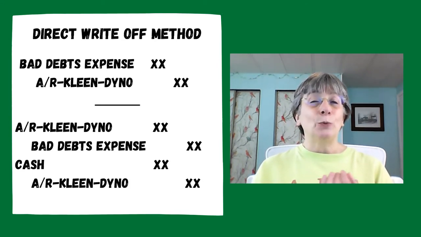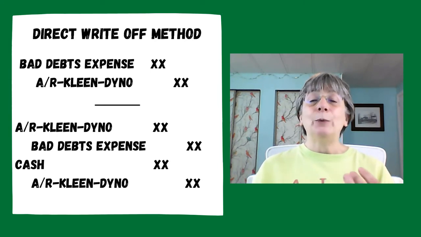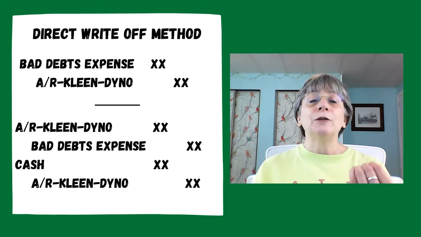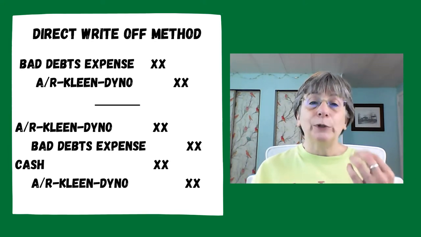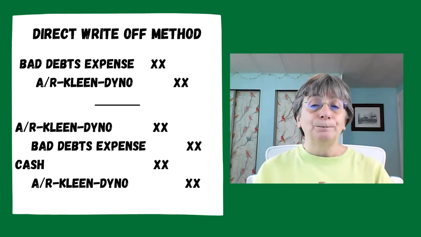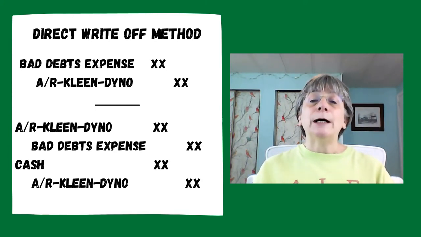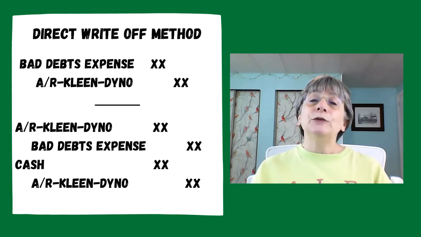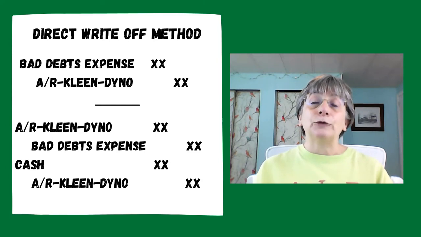Now, it doesn't mean that they don't owe the money, and it doesn't mean that we can't continue to try to collect the money. What we're trying to do here is make sure that we are accurately representing our accounts receivable value. Now, if at some point later on, Clean Dino decides that they will pay that bill, then we're going to do an entry where we reinstate that amount in our accounts receivable.